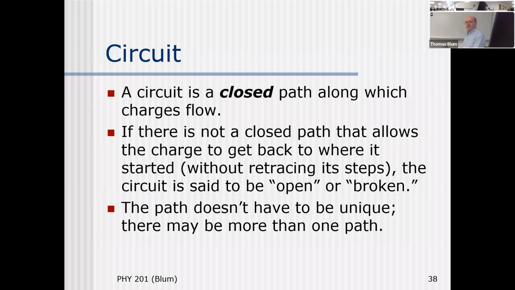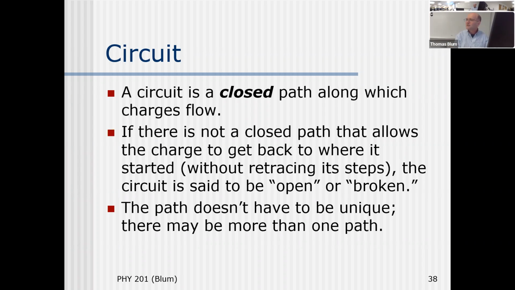The word circuit has the same origin as the word circle, and implies that there's some closed path so that they can move all the way around. If there's not a closed path, then it's said to be open or broken. So if somebody is troubleshooting a line, they will be looking for an open.